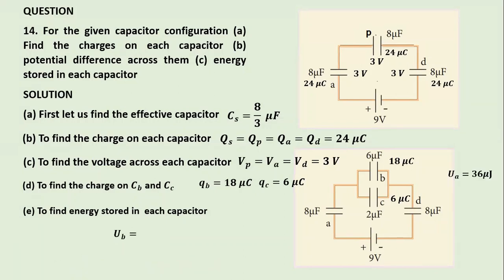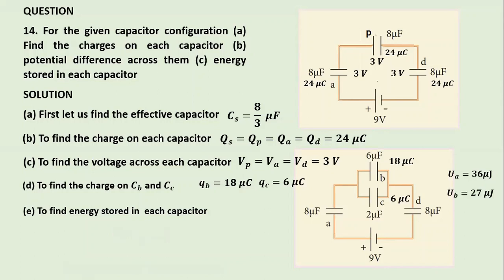Similarly, the energy stored in capacitor B equals 1/2 CB VB squared. The value of CB is 6 microfarad and the voltage across B is 3 volt. So epsilon B equals 1/2 times 6 into 10 power minus 6 into 3 into 3 equals 27 microjoule.